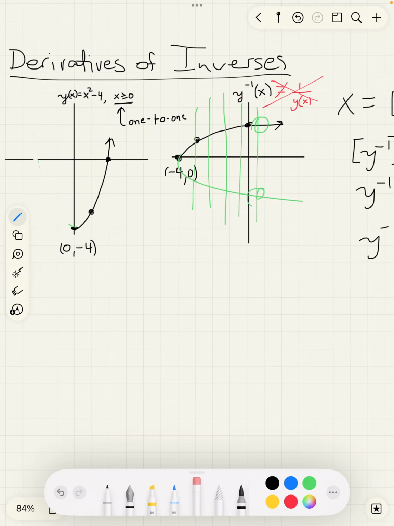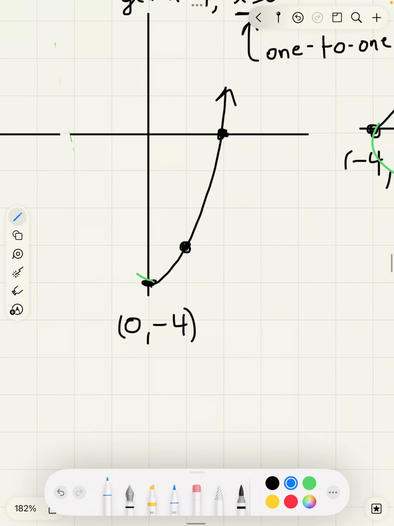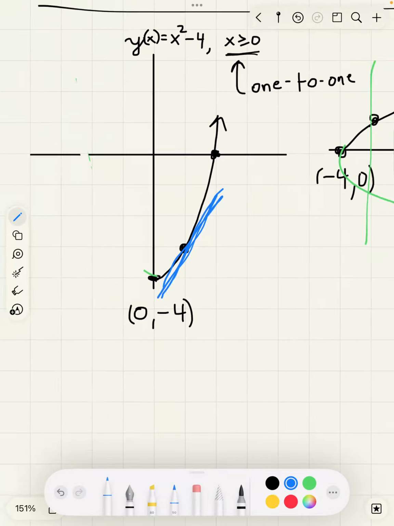If I were to find the derivative of the original function when x is equal to, say, 1, remember, geometrically, that tells me the slope of the graph at that point. Meaning if I were to draw a tangent line at that point, it would tell me the slope of that tangent line.